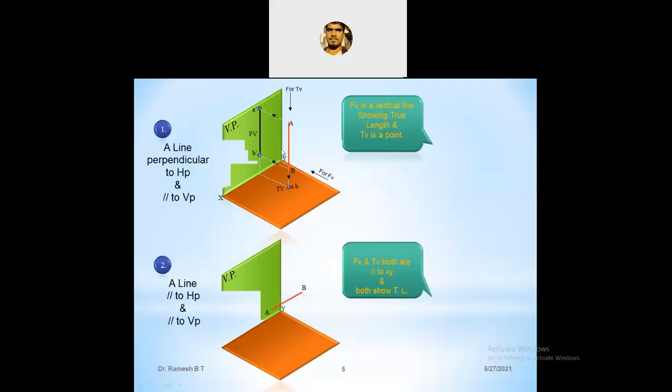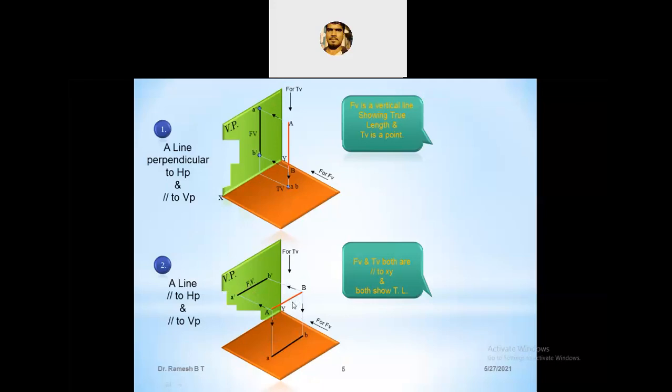Similarly, the second case I told is that the line is parallel to both. Green is a vertical plane, orange is a horizontal plane. The line is placed in such a position that it is parallel to the vertical plane and parallel to the horizontal plane.